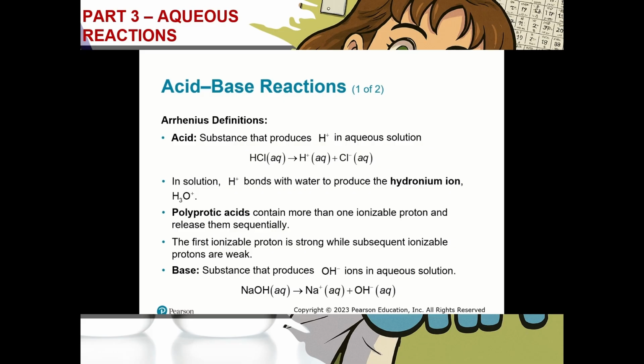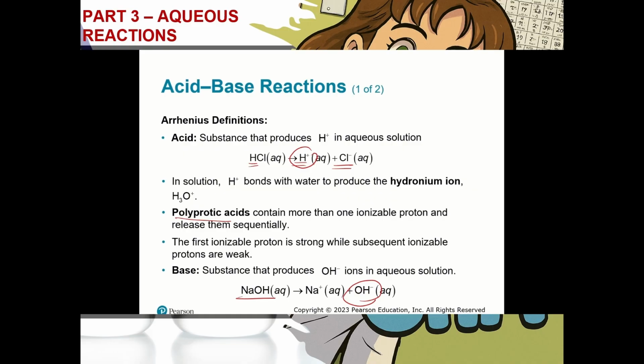So when you see here, I have hydrochloric acid producing hydrogen ions and chloride ions. Here it's a base, sodium hydroxide, producing OH minus, or hydroxyl ions. Polyprotic acids contain more than one ionizable proton and release them sequentially.